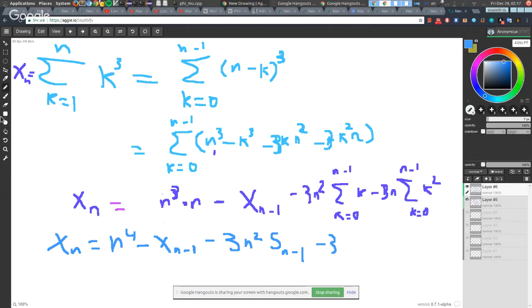Sorry, I swapped just the last two terms. Actually something is wrong here, so this should be a plus. This should be a plus, this should be a plus, and here we have 3n squared times n minus 1 over 2.